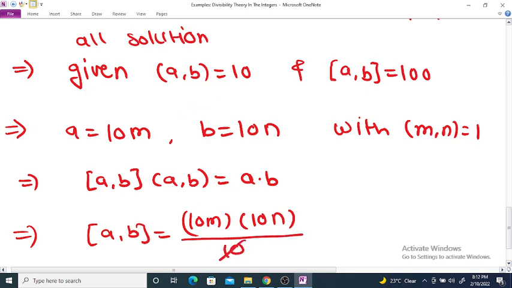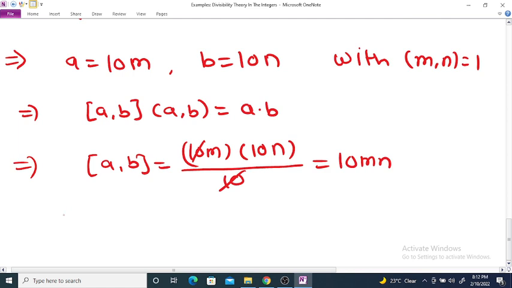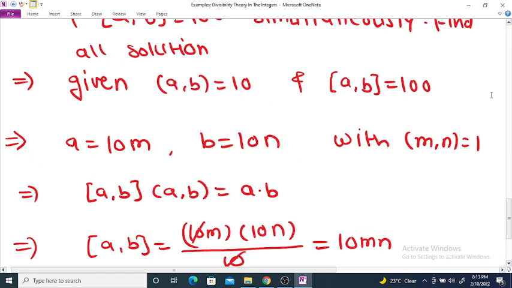So 10 will get cancelled here and it is equal to 10 m into n. So LCM of A and B is equal to 10mn. But what is the LCM of A and B? The given LCM of A and B is equal to 100.